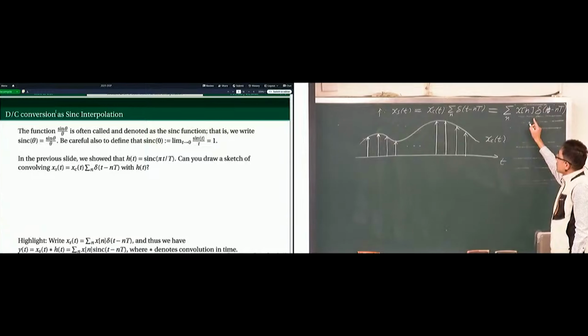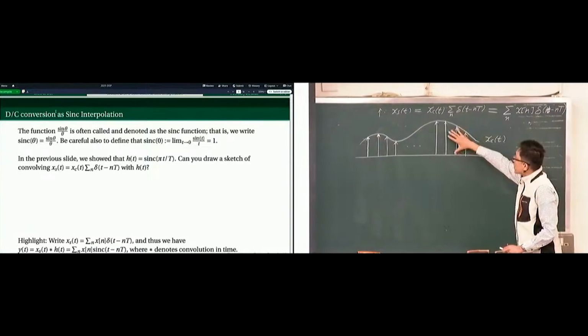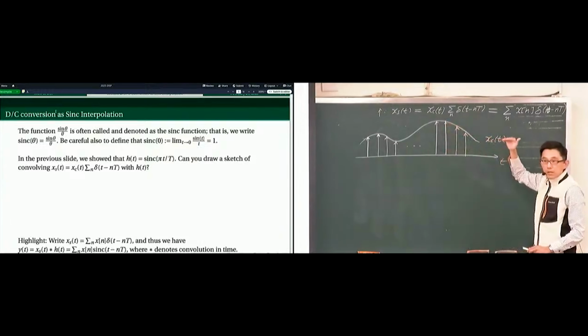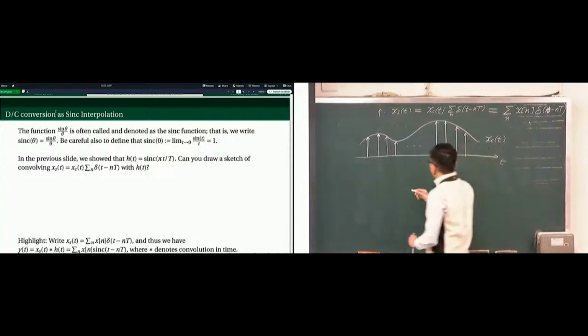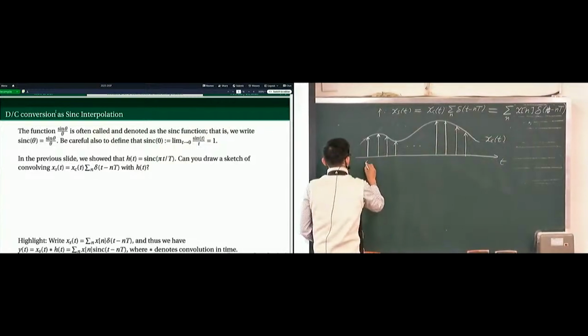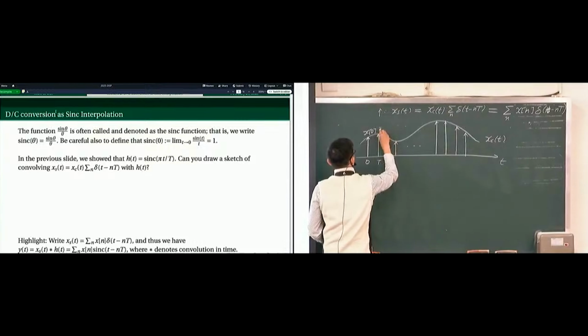Why? Because each spike has a height, and the height is exactly x[n]. For example, if this is time 0, then the height of this spike is x[0]. If this is time T, then the height of this spike is x[1].